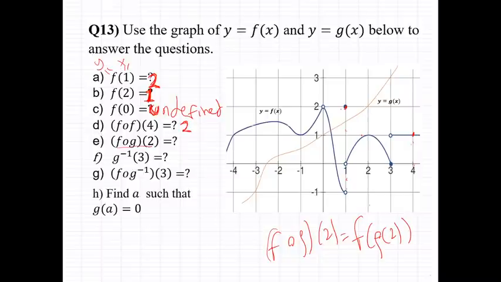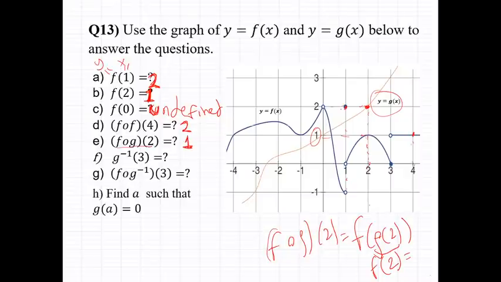We look at g of 2. Where is 2? You take the point on the graph corresponding to 2, so g of 2 is equal to 2. So what is f of 2? We know f of 2 corresponds to 1 here. So this is 1.